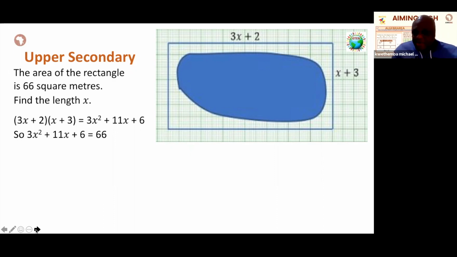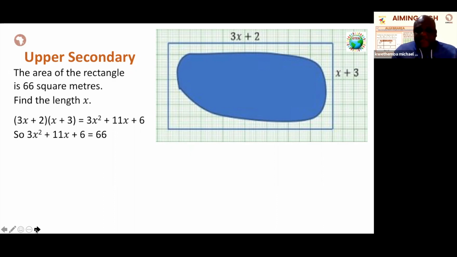The idea of equating comes in. Obviously, we don't have to tell them, but it will come naturally that 66 is equal to the area of the rectangle whose sides are 3x plus 2 by x plus 3.